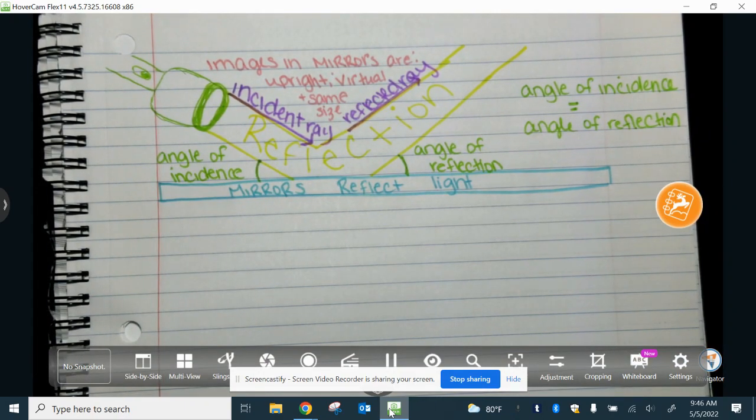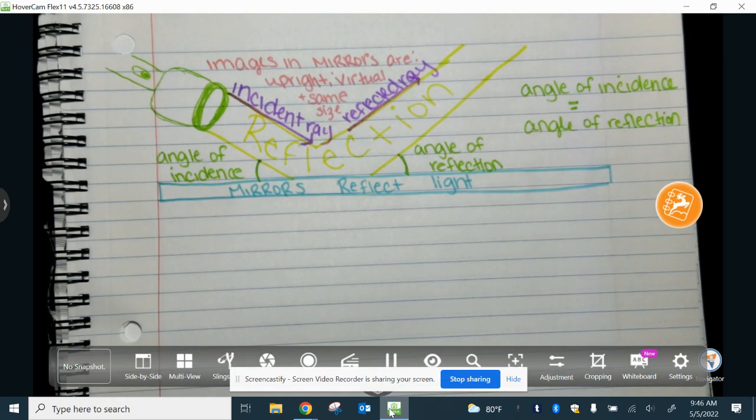My angle of incidence is going to equal my angle of reflection. So if I shine a flashlight at 30 degrees to a mirror, what angle is reflected? 30. If I shine a flashlight at 85 degrees to a mirror, what angle is reflected? 85. Makes sense, right?